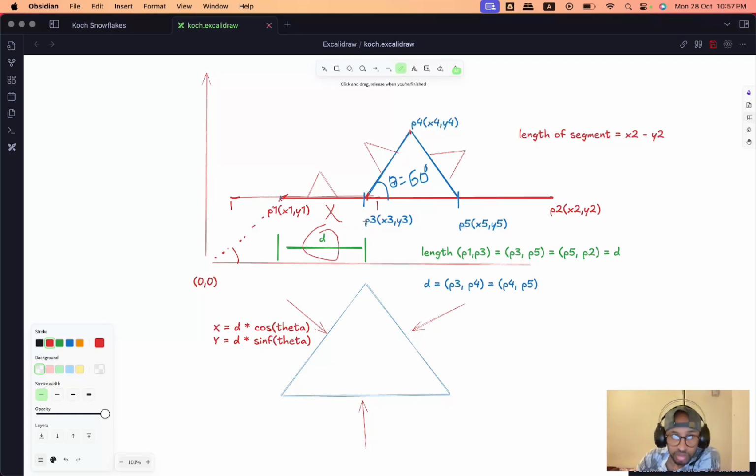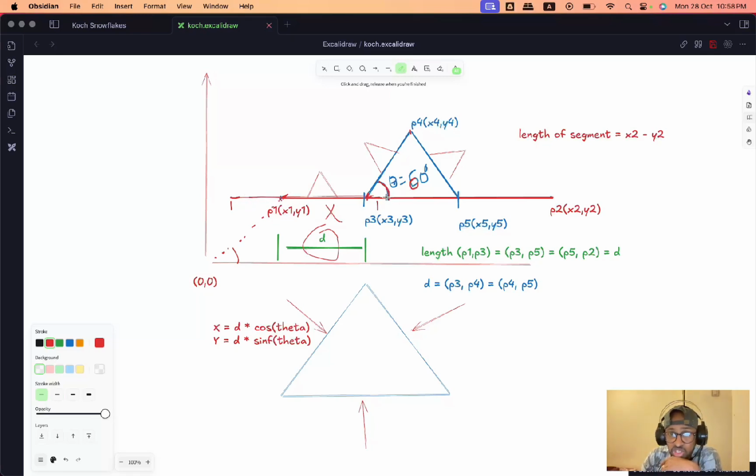But here, when we rotate this point by 60 degrees, our reference is not the origin of the graph or the grid in the image, but rather this vector.